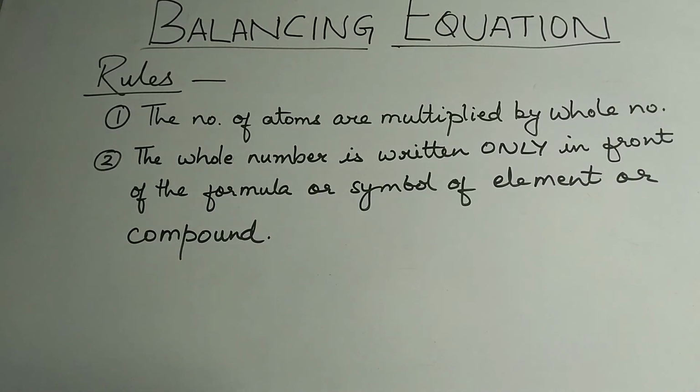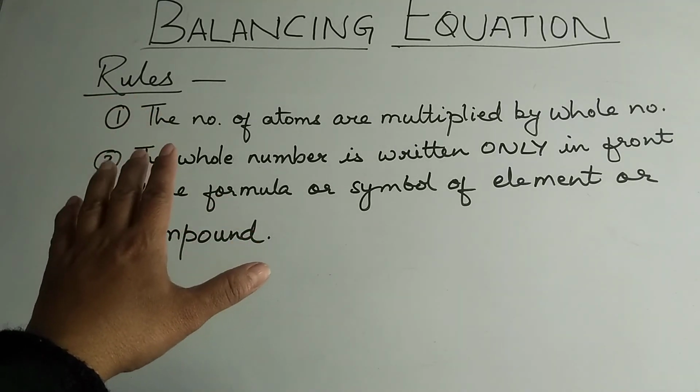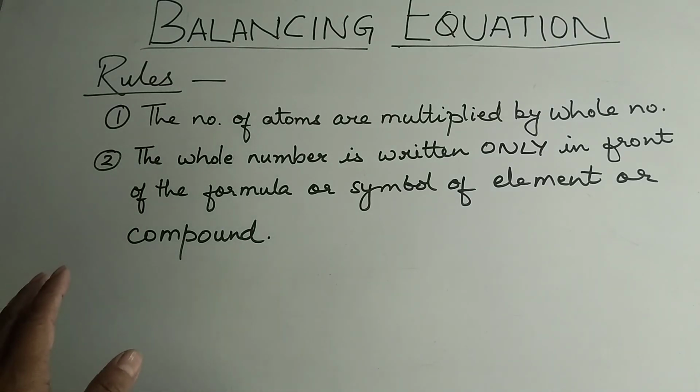These are two very simple rules that I have written down for balancing an equation, and you need to remember this very properly. The first rule says the number of atoms are supposed to be multiplied by a whole number if you need to balance them. So suppose there are two atoms on the reactant side, but there is only one atom on the product side. So you are going to multiply it by a whole number so that it becomes 2.